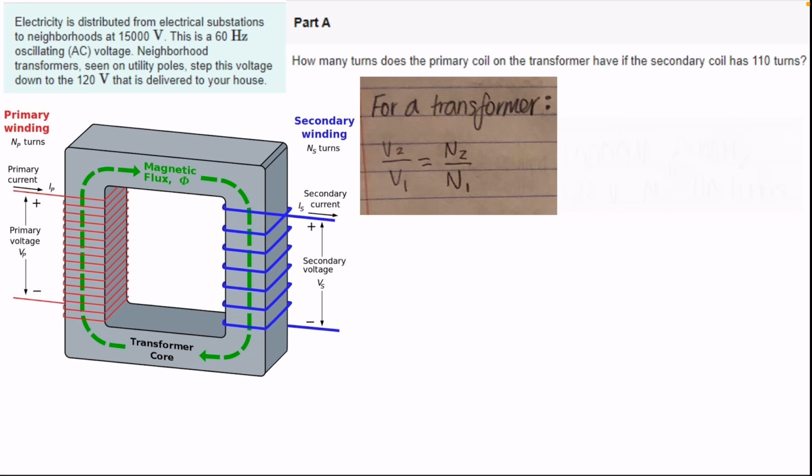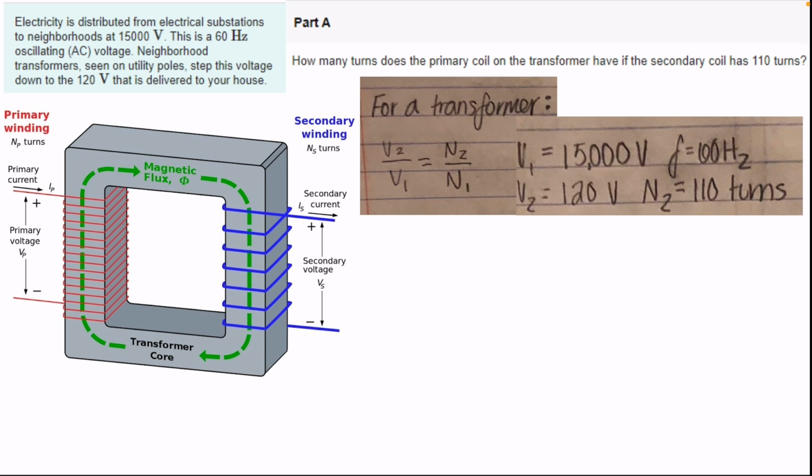So we do have enough to immediately solve this. All we have to do is use that equation and plug in what we know to figure out how many turns are in the primary coil, because that's what part A is asking. We're also given that the secondary coil has 110 turns.